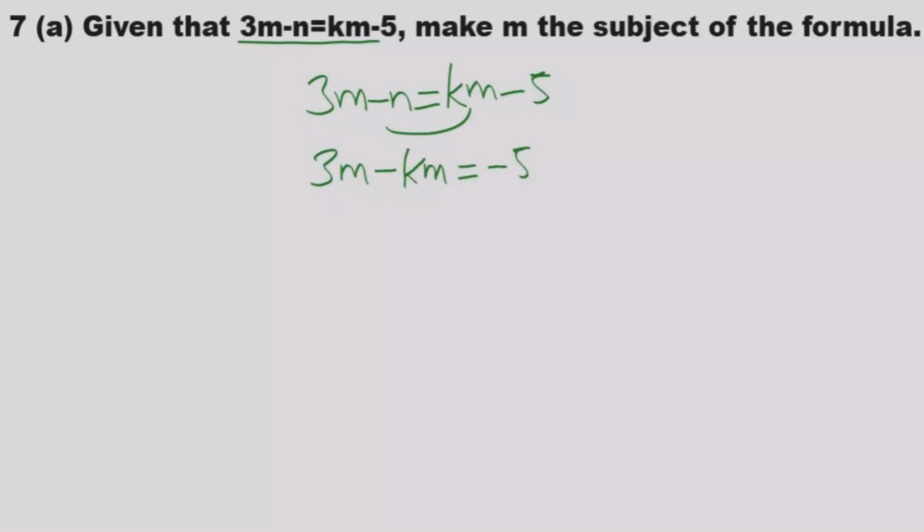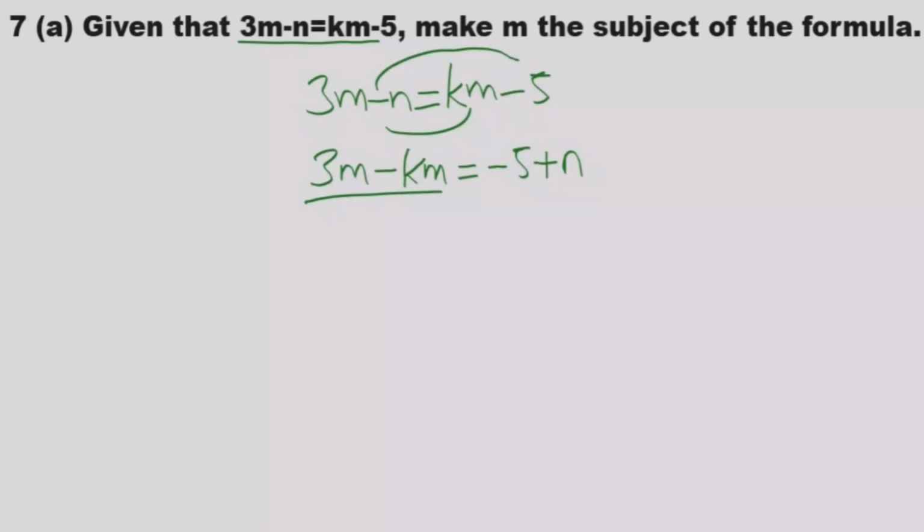Then negative n will cross the equal sign and become positive n, not positive 5, positive n. Okay, so now we have come up with an expression which is 3m minus km is equal to negative 5 plus n.